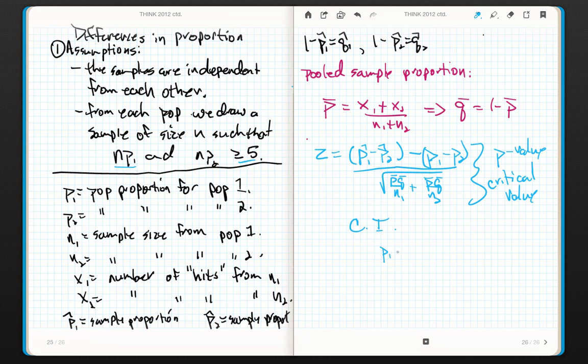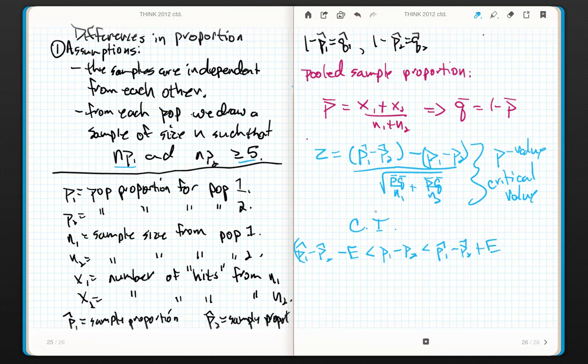I know that the difference in P1 minus P2, remember, the difference in the proportions, all that it's going to be is P1 hat minus P2 hat minus the error. Put a little thingy-dingy there. And we're going to have P1 hat minus P2 hat plus the error.